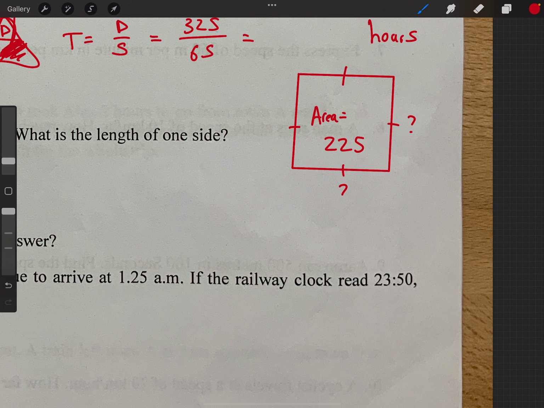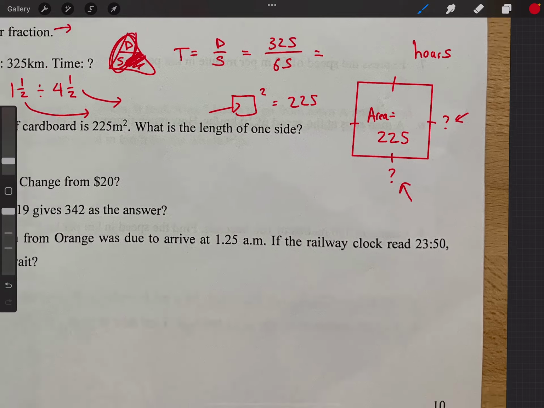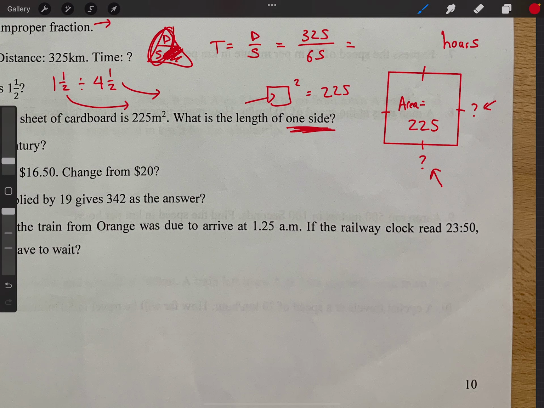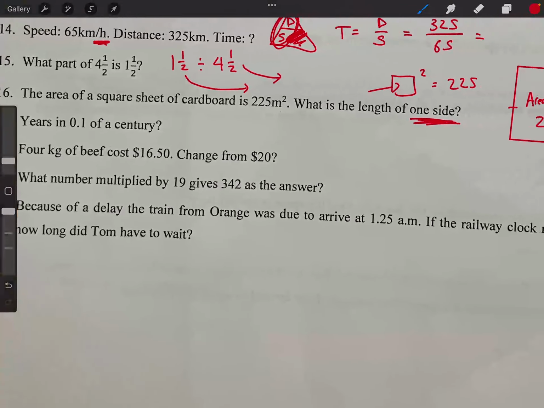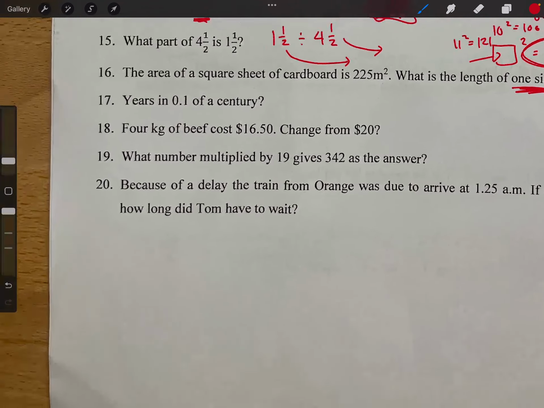So what number times what number? So what number squared will give me 225? Whatever the number is, that's the side length here. What is the side length? You have to work it out. We know it can't be 10, because 10 squared is 100. We know it can't be 11, because 11 squared is 121. So what squared will give me 225? You have to work it out there.